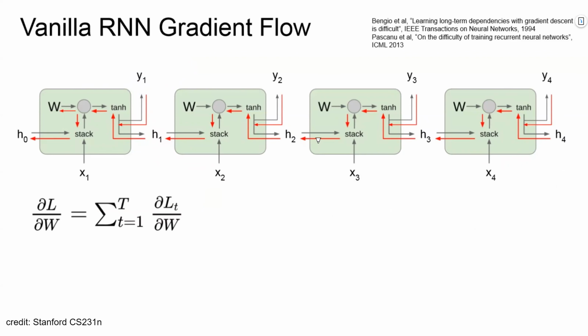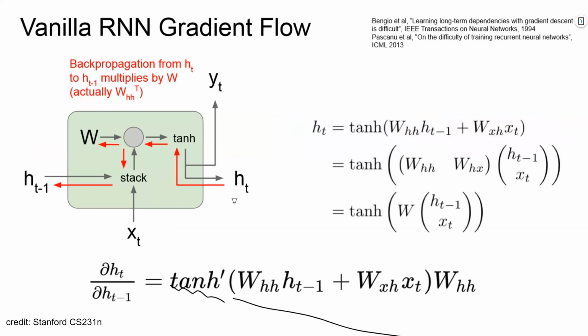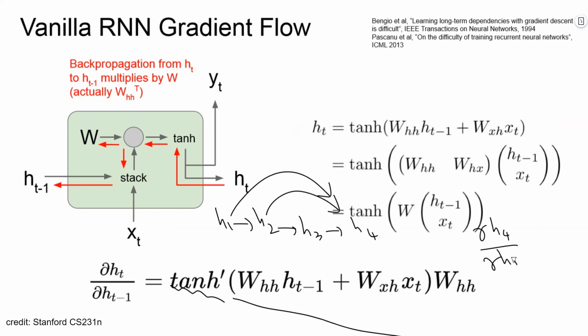However, the problem is the RNN architecture repeats that computation. So H1 affects H2, and H2 affects H3, and H3 affects H4. That means H2 also affects H4, and H1 also affects H4. That means to calculate the gradient with respect to H1, we need to think about H4, H3, H2 like this.